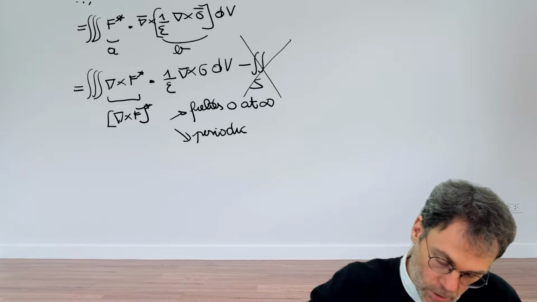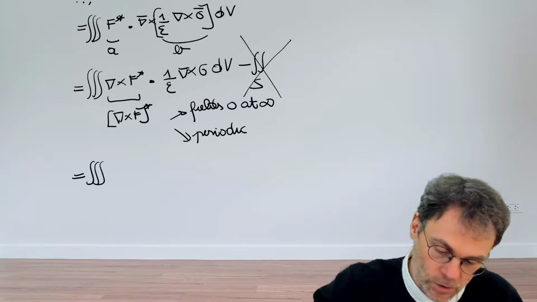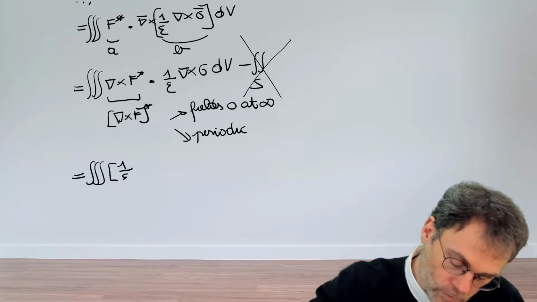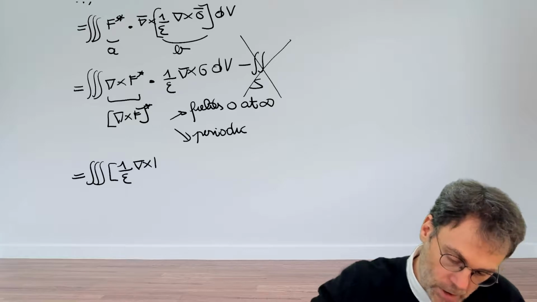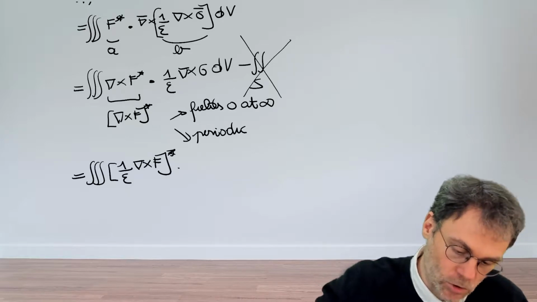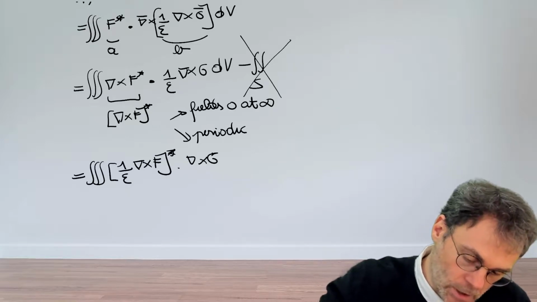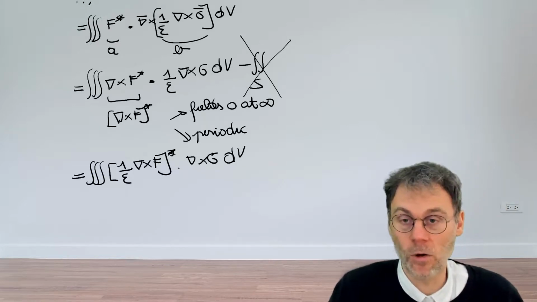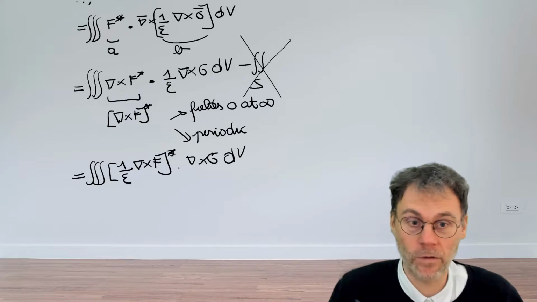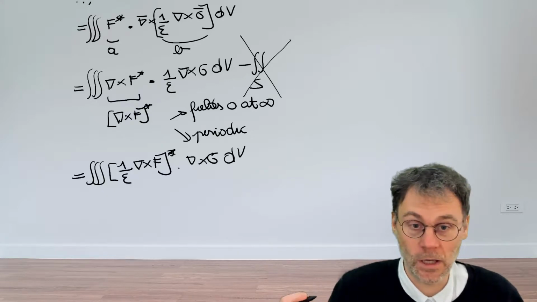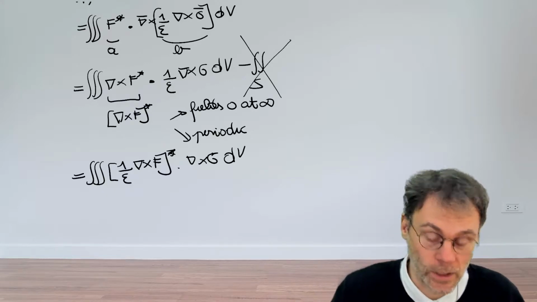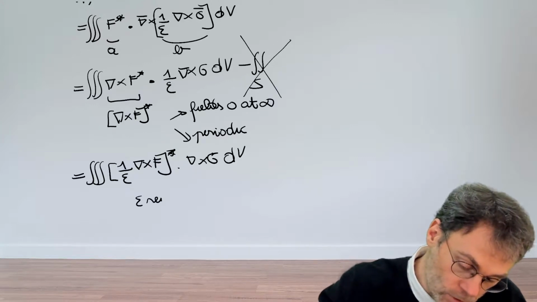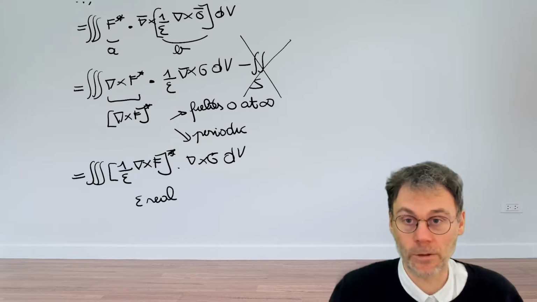Ideally, you would like to write this as the volume integral of the complex conjugate of 1 over epsilon curl F, like so. The only way you can take this epsilon inside the complex conjugate and still leave everything intact is when epsilon is a real number, so that the complex conjugate doesn't matter.